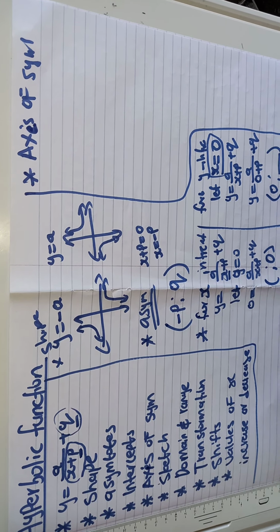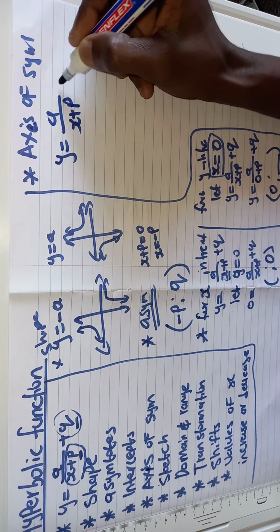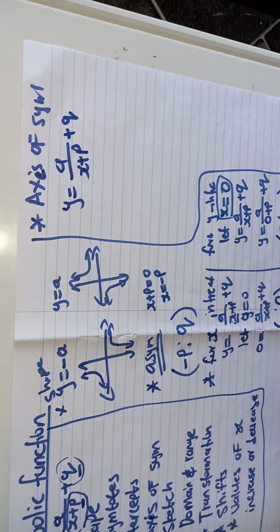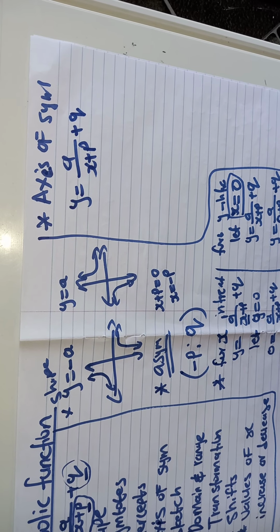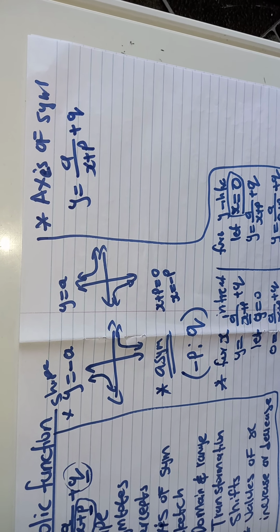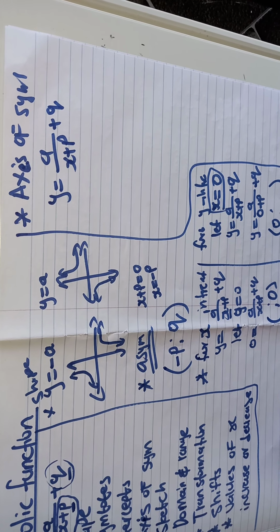Literally we're gonna take it from our original equation. Don't forget that we have two axes of symmetry in this function. We have a left and a right, which have a negative gradient and a positive gradient.